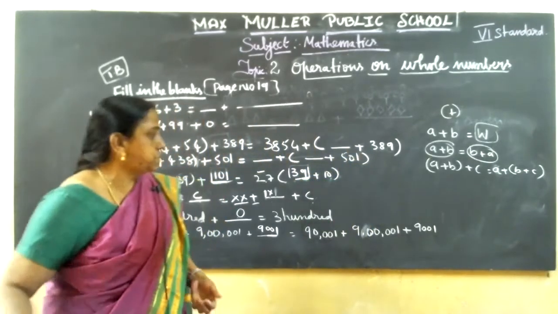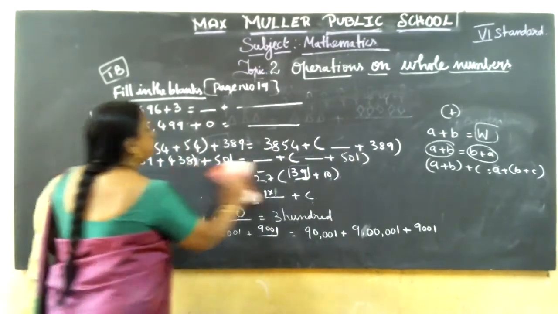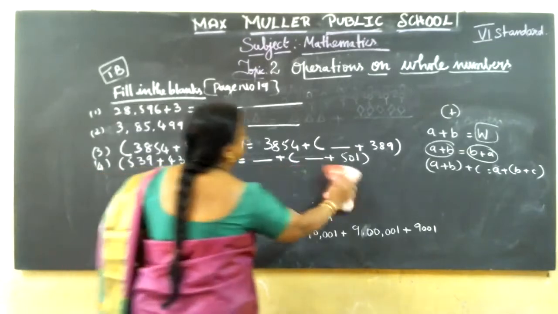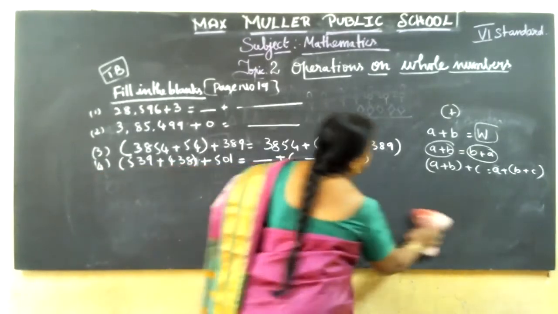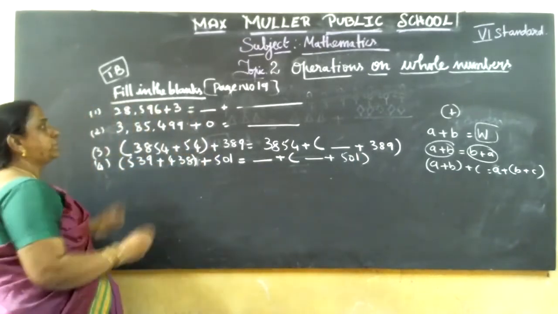Okay, this is the question. I hope you all copied this, first page 17. So I'm going to rub this. Now here same, by using those properties you should fill.